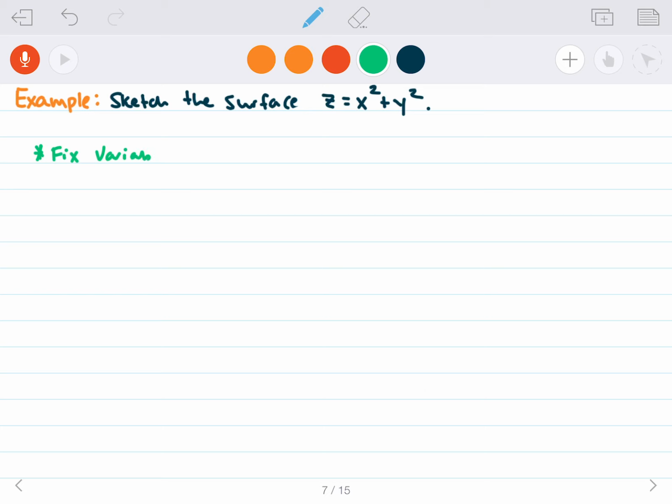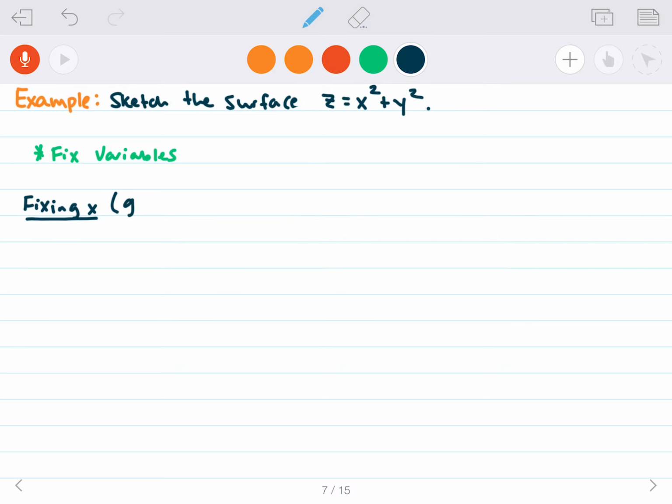So fix the variables. So let's look at first fixing the x value. And what I mean by that is just picking a number for x, plugging it into this equation, and getting out an equation in the yz plane. Okay, so let me actually put this in parentheses.